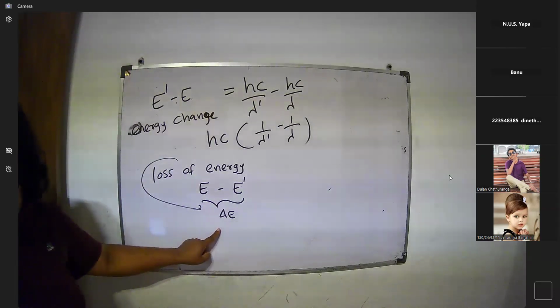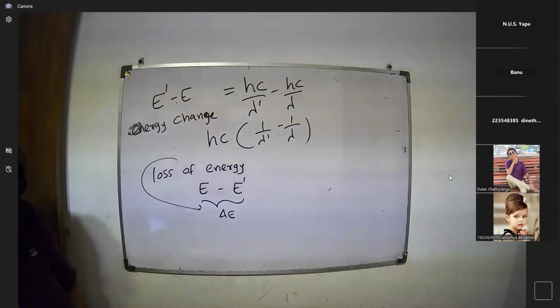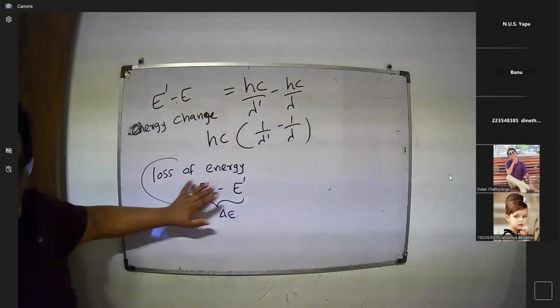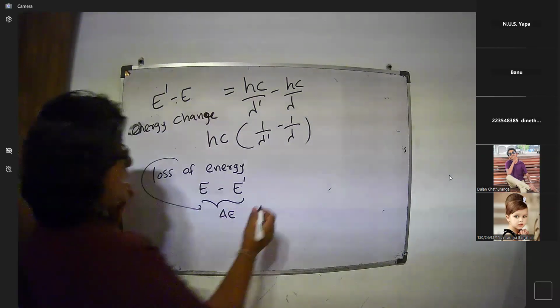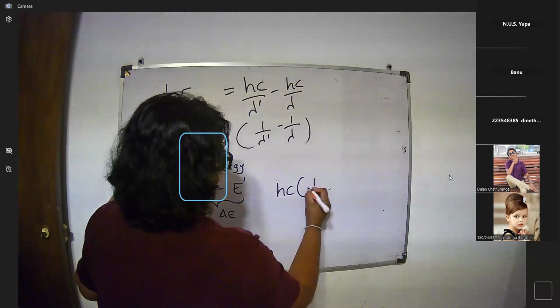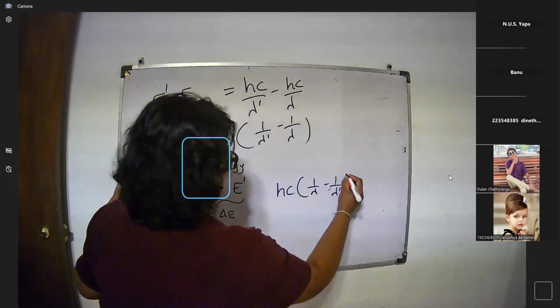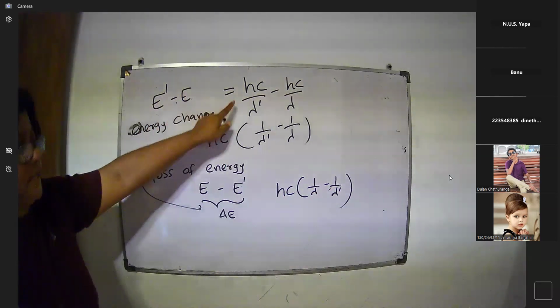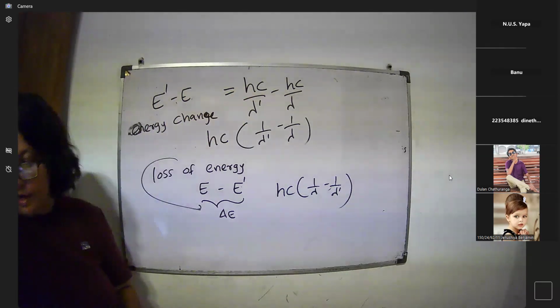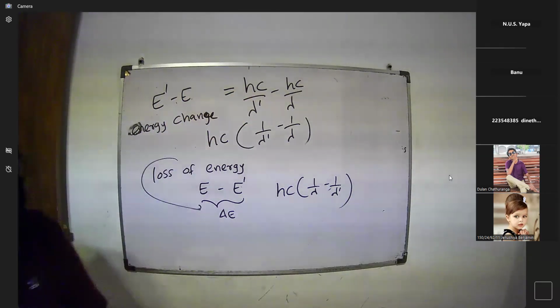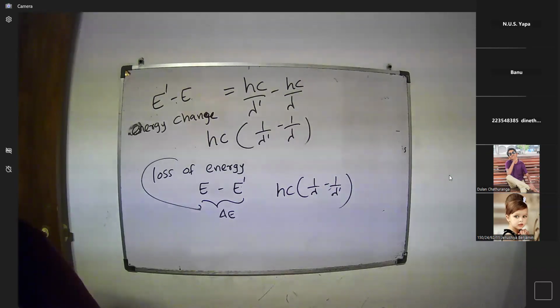Energy loss is equal to delta E. So you have to find E minus E dash. It changes to h c into 1 over lambda minus 1 over lambda dash. Right? E dash minus E converts to h c over lambda dash minus h c over lambda. You can remember this, right?